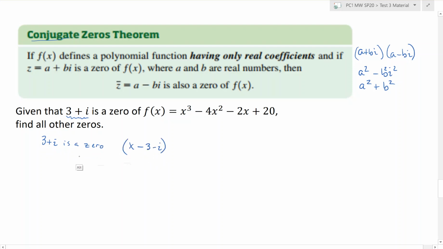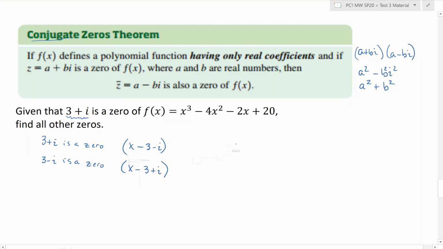Remember to subtract the entire zero. It's a binomial zero, so you'll have to make sure that you're subtracting the 3 and the i. But my conjugate zeros theorem says that if 3 plus i is a zero, then 3 minus i is also a zero. That means that I have the factor of x minus 3 plus i. Okay?